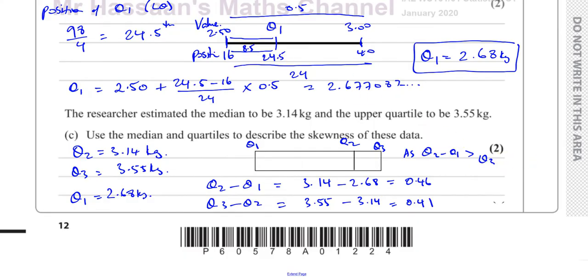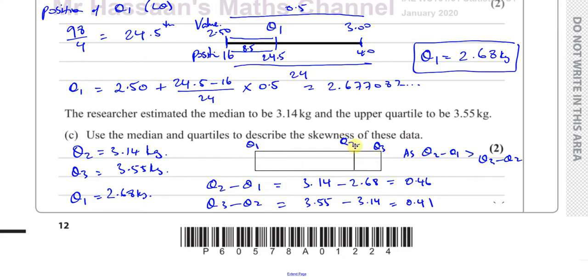Now that means that we have negative skew, because Q2 minus Q1 is greater than Q3 minus Q2.